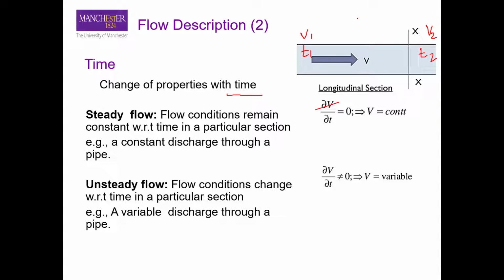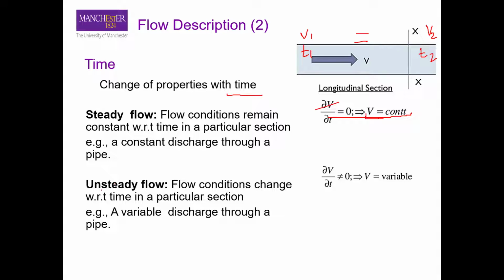If these two velocities are equal at these two different times, it means that the velocity didn't change, and as such the flow is a steady state flow. Mathematically we can write it as partial v over partial t is equal to 0, because the velocity is not changing, so your velocity is constant. A common example of this is a constant discharge through a pipe, just like the previous example.